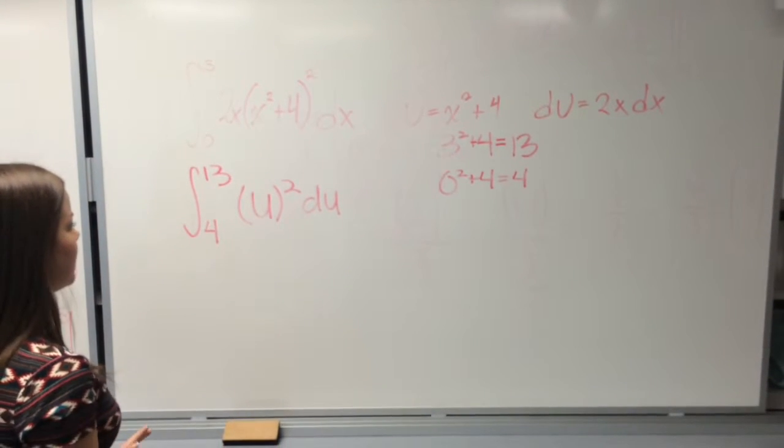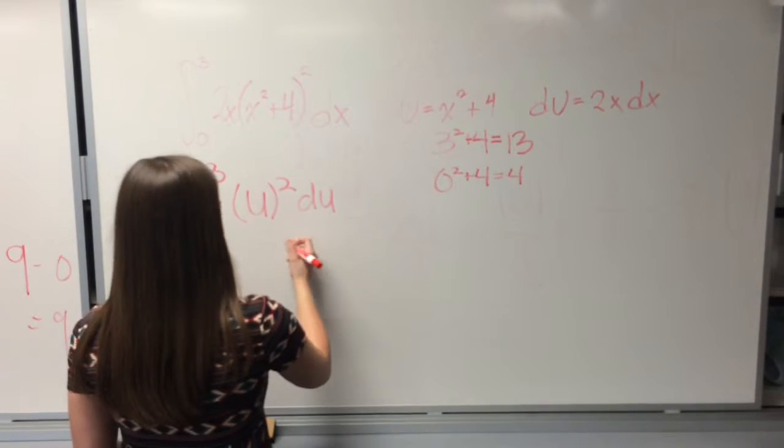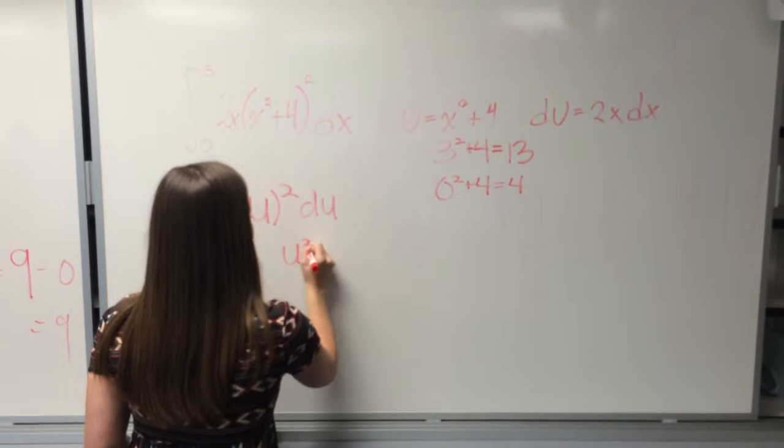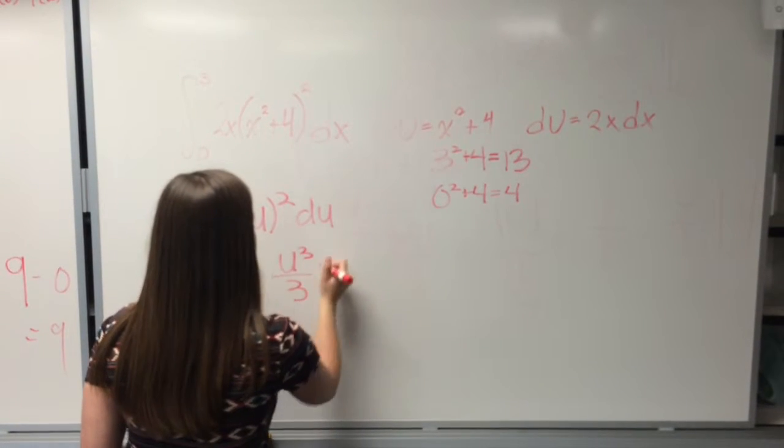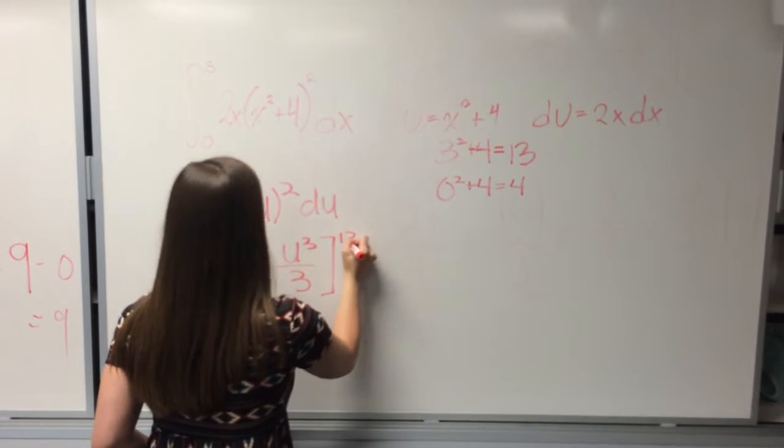Next you want to take the antiderivative of u squared, and you would get u to the power of 3 over 3. Don't forget your bounds, so make sure you rewrite them.